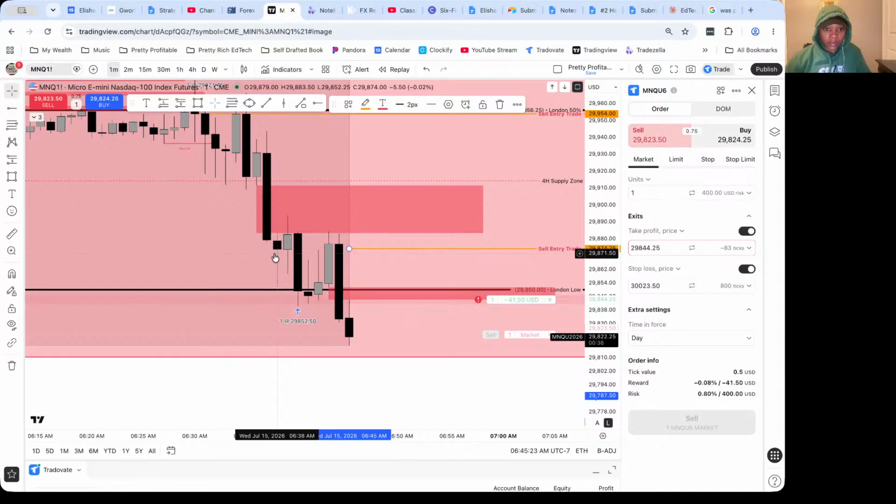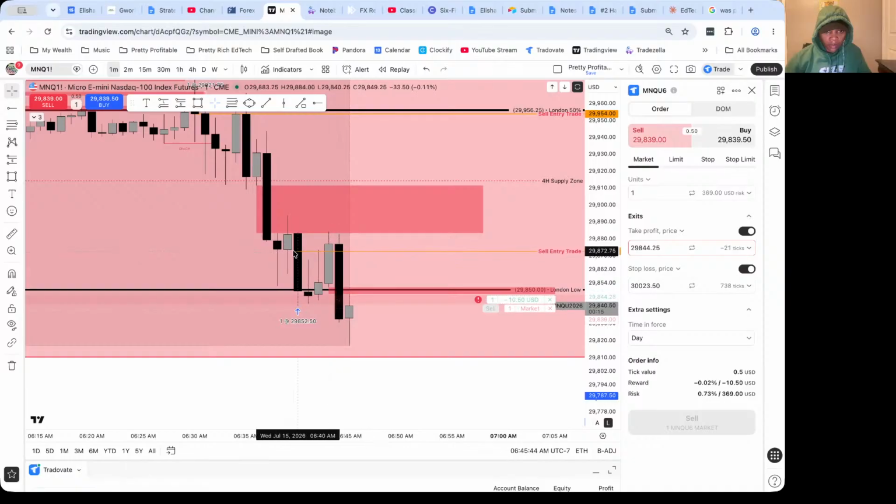So technically, this is a fair value gap. The next candle that touched it would be considered the rejection candle. And then under that is the break entry candle. So it could have been, I could also use this as my entry.